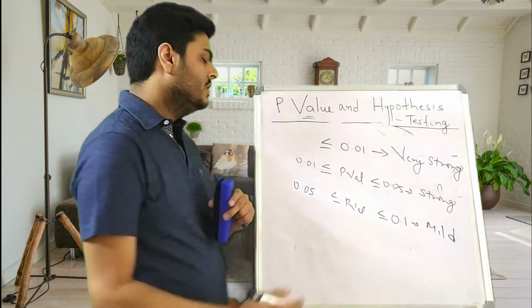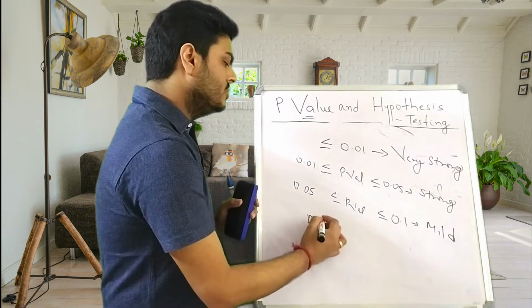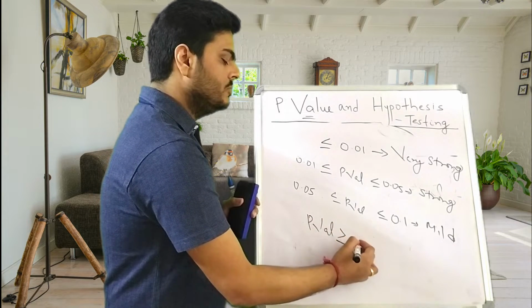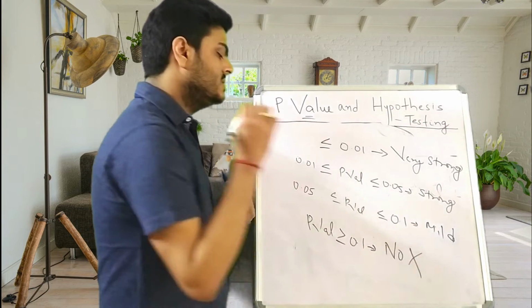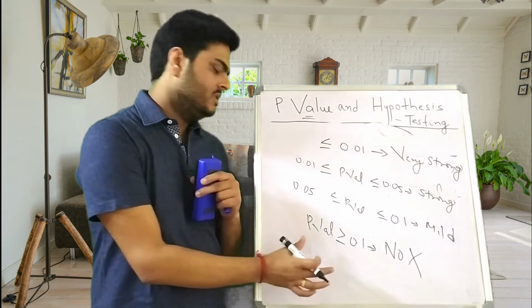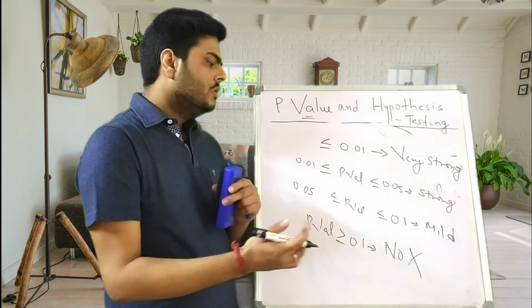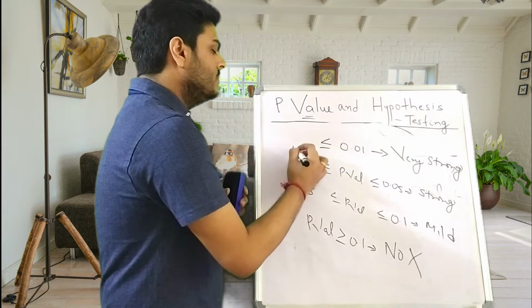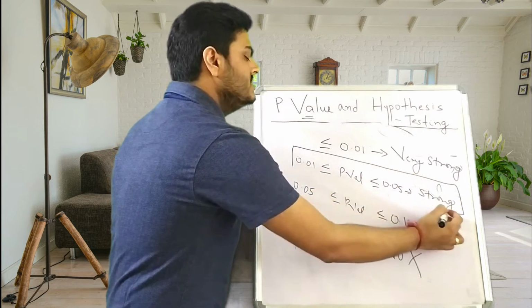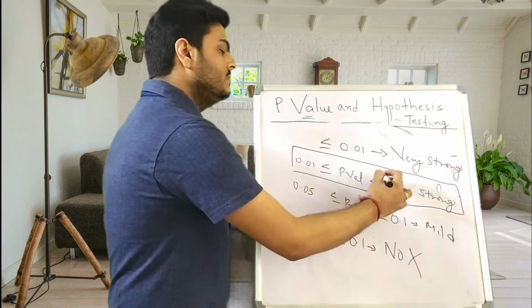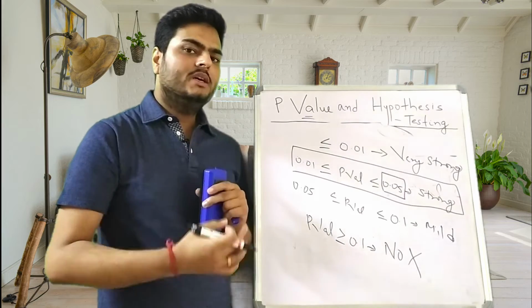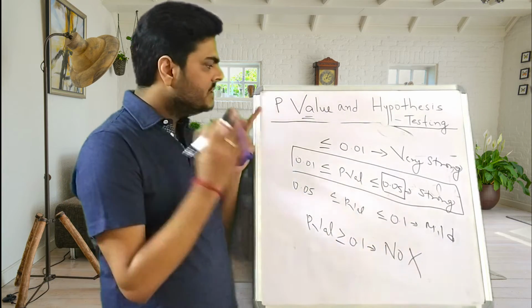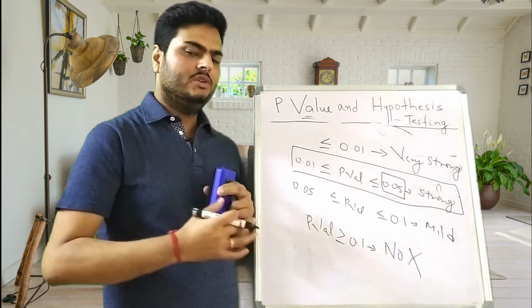And if your p-value becomes more than 10%, or more than 0.1, then you can say no evidence against the null hypothesis and you accept the null hypothesis in this case. What you would have seen in general, in internet blogs everywhere, is that 0.05 is the boundary they set, and then they say that there is strong evidence against the null hypothesis. This is how p-value and hypothesis testing work.